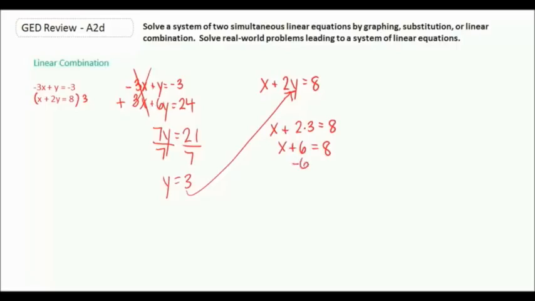One-step equation, we subtract 6 from both sides, and x equals 2. So x equals 2 and y equals 3 is the solution to this system of equations. You might also see it written as an ordered pair, where your x is the x-coordinate and the y is the y-coordinate.